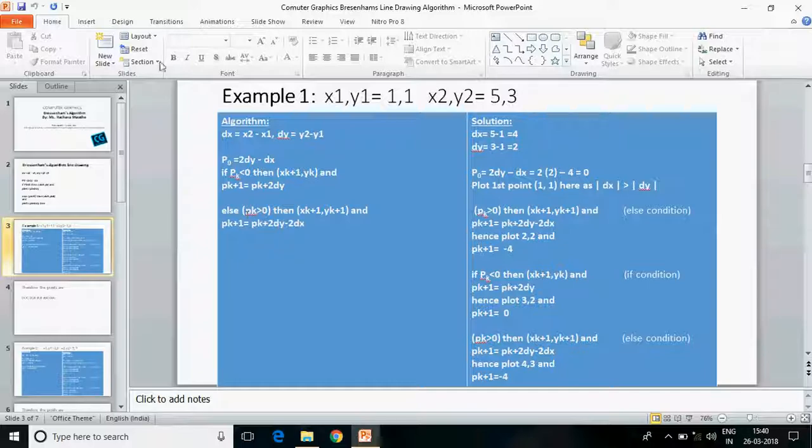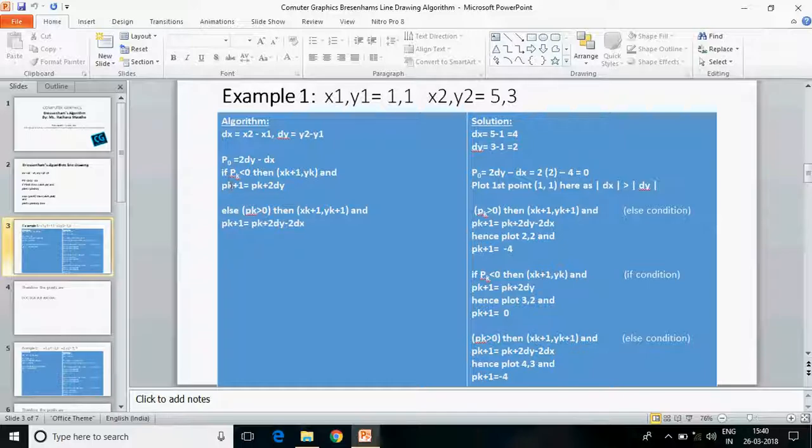In Bressenham's, we always calculate P0, or the decision parameter, and based on the value of this parameter you take a decision. So that is why this is known as a decision parameter. The decision parameter is 2 dy minus dx, 2 times dy, that is 2 into 2, 4, minus dx, which is 4. In this case, the decision parameter is 0.